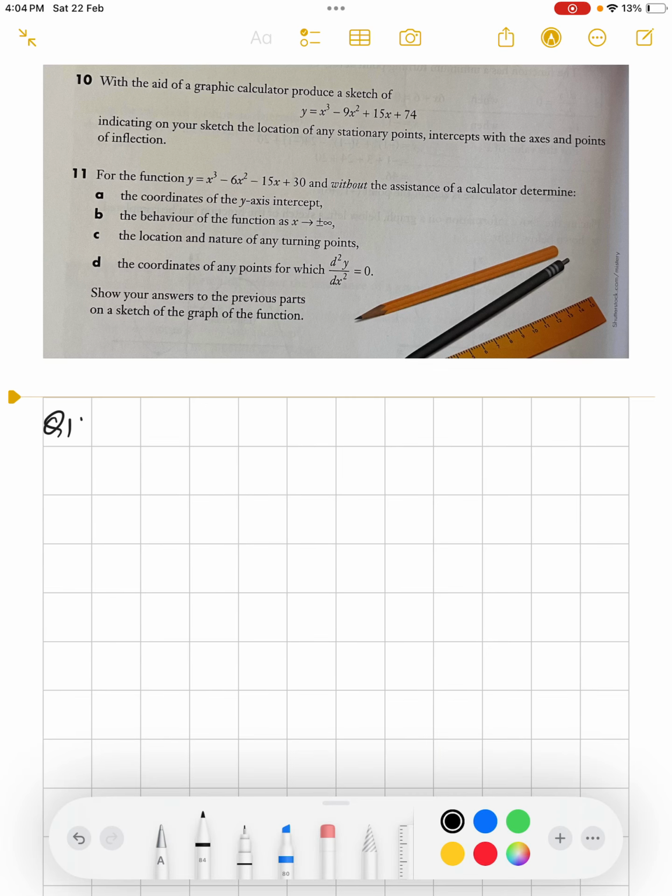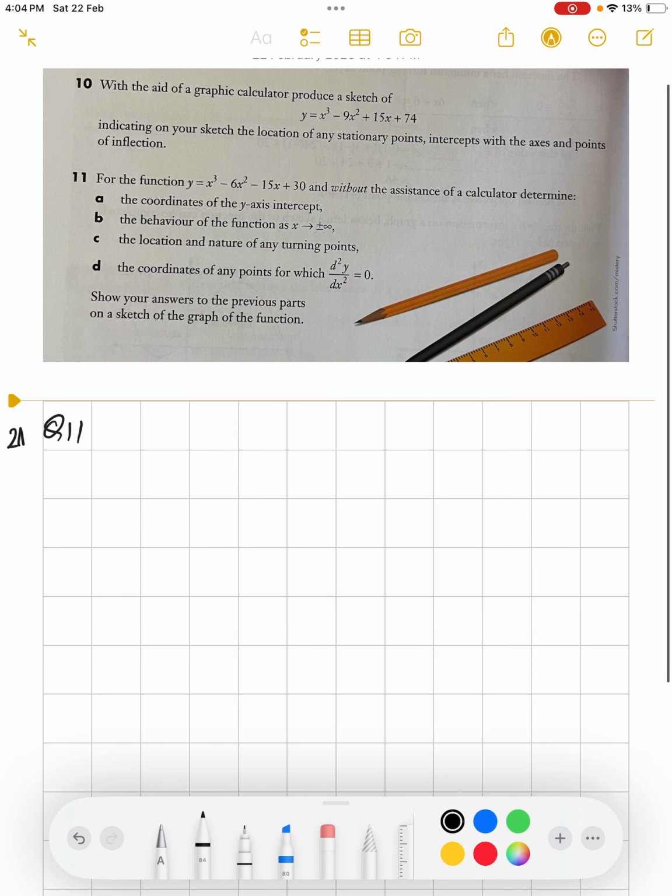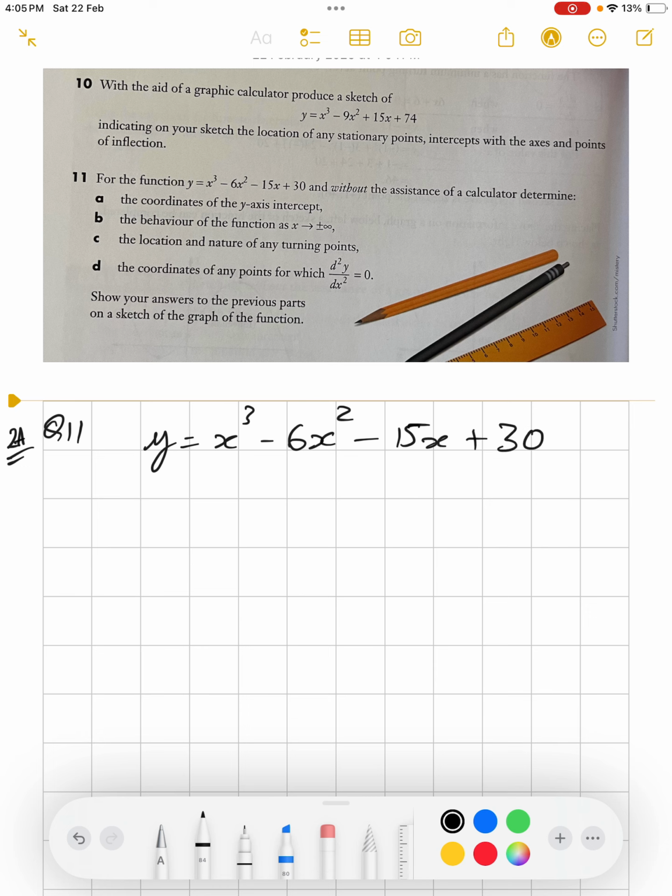I'm going to be looking at question 11. This is exercise 2a. For the function y equals x cubed minus 6x squared minus 15x plus 30, and without the assistance of a calculator, find the coordinates on the y-axis. Well, the y-intercept is when x equals 0.